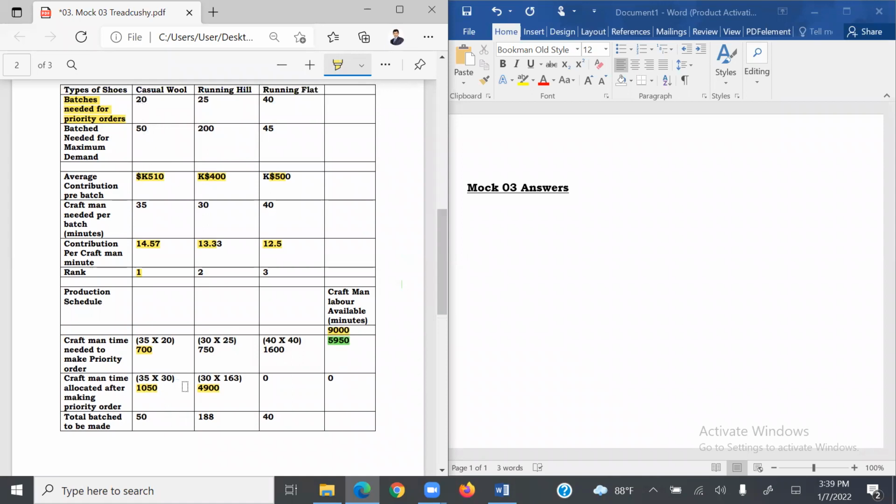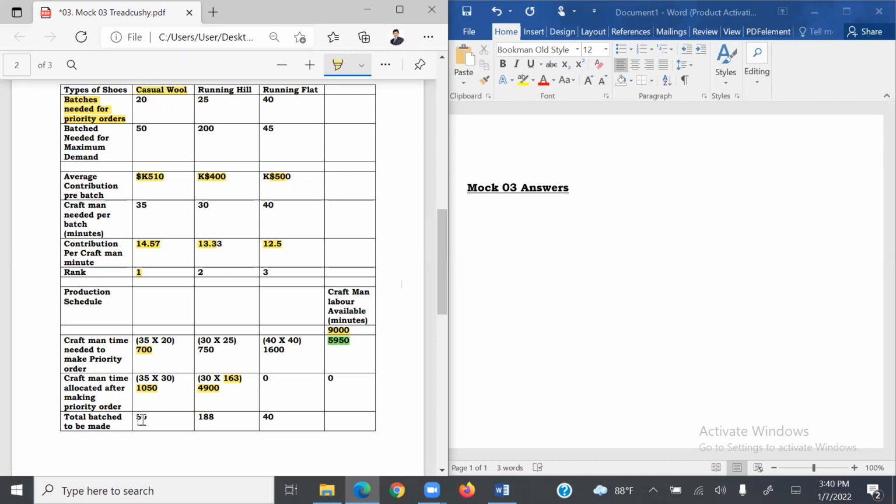So you can anyway go ahead with the casual wool. Casual wool can be done fully. There is no problem. But if you see, we are going with the full priority, but out of 200, we can only go with 163. So the balance of running hill and the running flat cannot be manufactured.